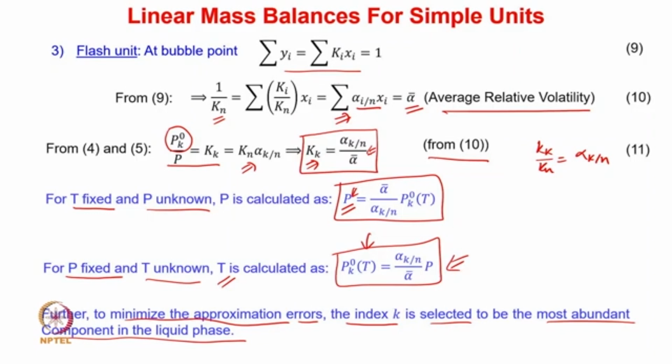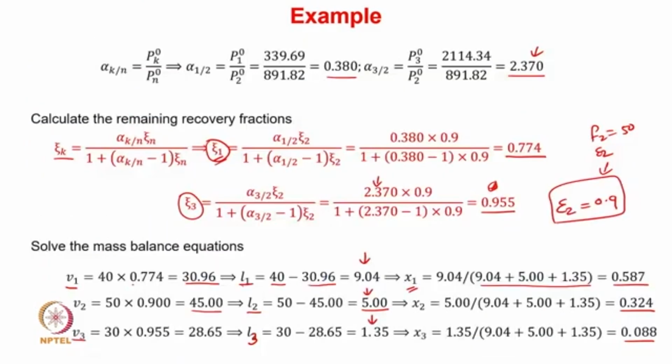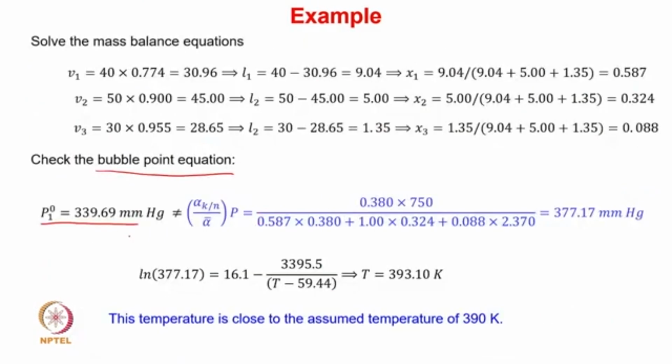Let us see what the value is. This P1 value we have obtained from the Antoine equation, and this we have obtained from the equilibrium relation. From the equilibrium relation, the P1 value comes out to be 377.17.